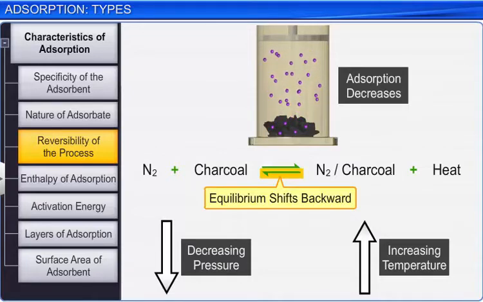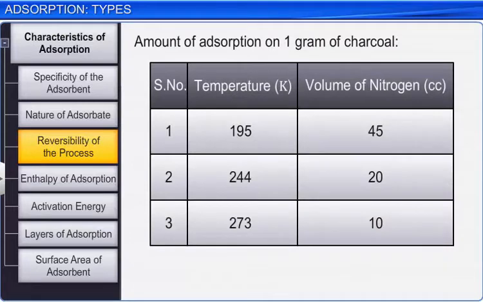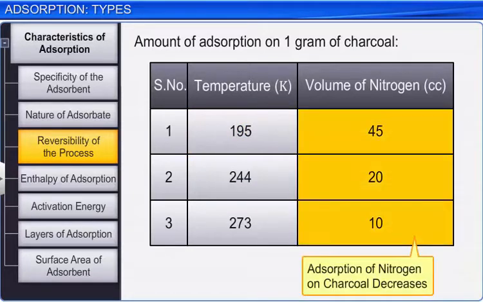For example, 1 gram of charcoal absorbs about 10 cc of nitrogen at 273 Kelvin, 20 cc at 244 Kelvin, and 45 cc at 195 Kelvin. It is observed that adsorption of nitrogen on charcoal decreases with an increase in the temperature.